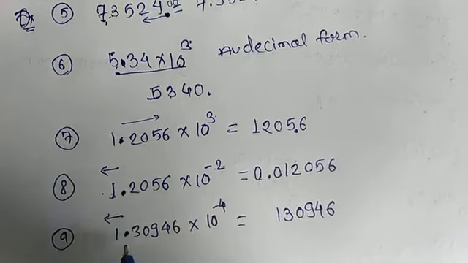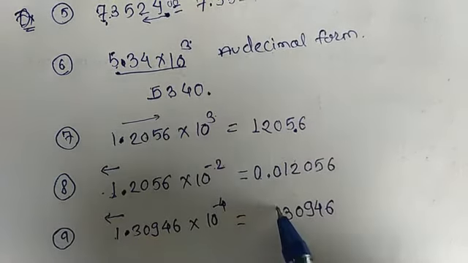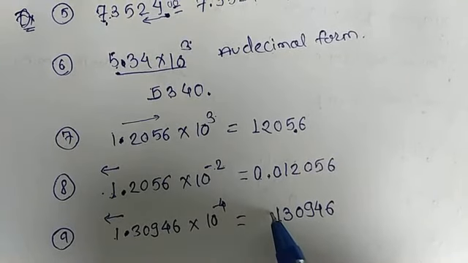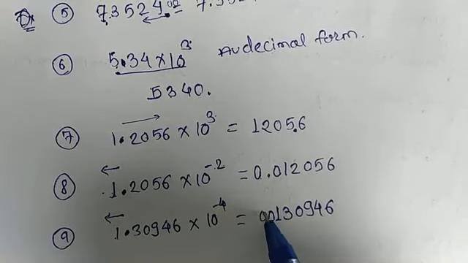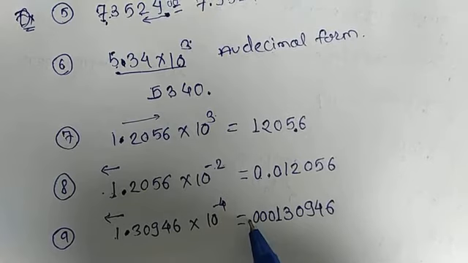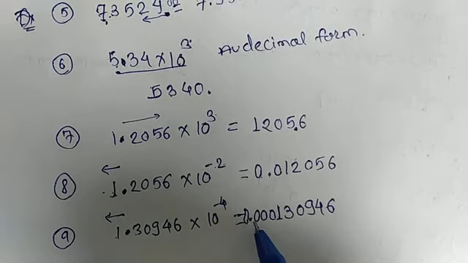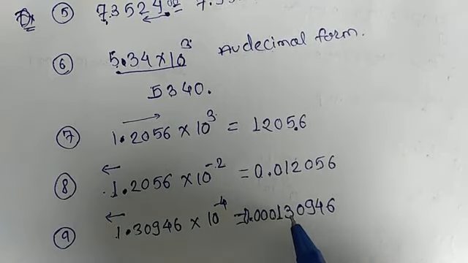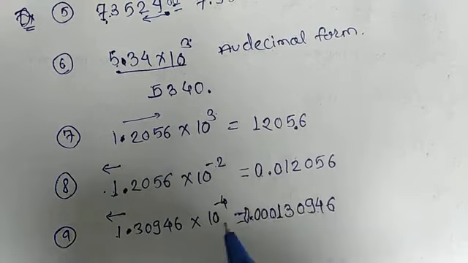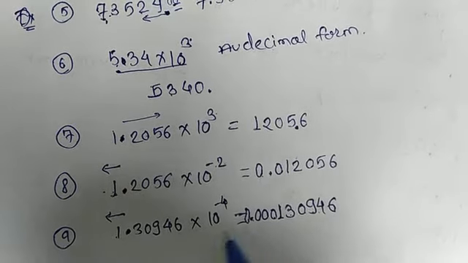So first 1, second, third and 4, after that you give a point. So it can be written as 0.000130946. It is our decimal form of this number.